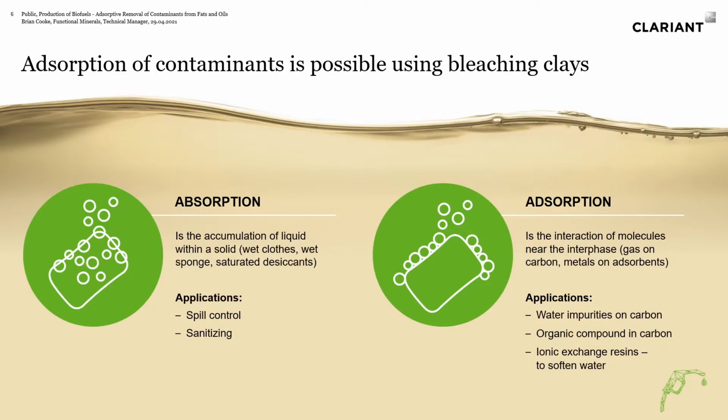The best example I can think of is if you had a solution of water with sodium hydroxide that is totally dissolved, you put a sponge in, that sponge is going to soak up both the sodium hydroxide and the water. Whereas with adsorption, if you had that same situation and you took that sponge and squeezed it and just the water came out and the sodium hydroxide was held onto the sponge, then we're talking about an adsorption phenomenon.